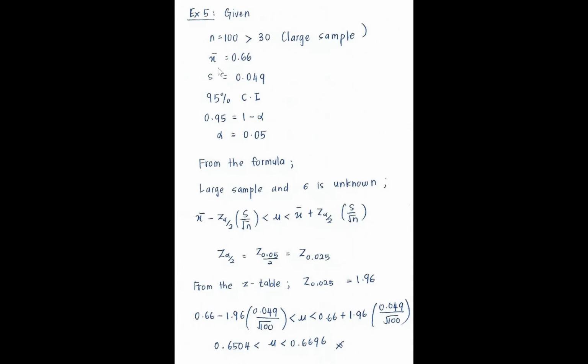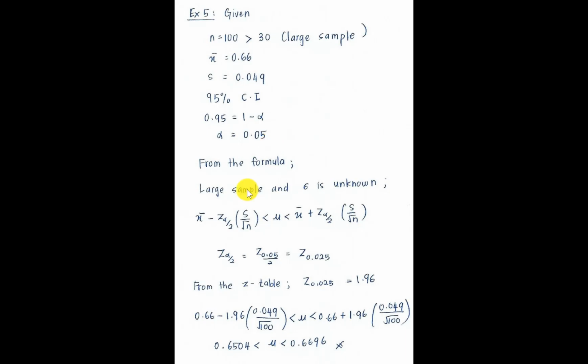So we have the x bar 0.66 and we have the s. The standard deviation is the standard deviation from the sample. That means we use our s is equal to 0.045. So we want to construct a 95% confidence interval. That means 0.95 is equal to 1 minus alpha. Then your alpha is equal to 0.05.